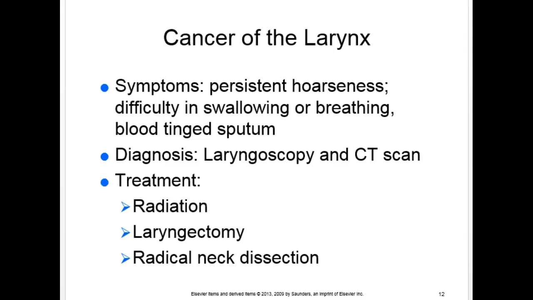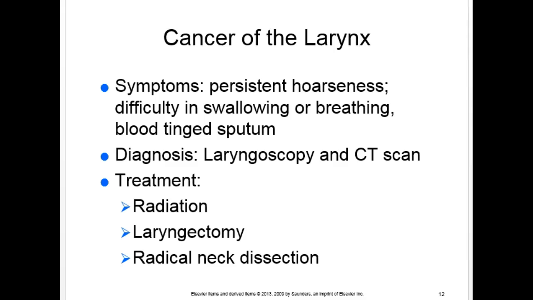If the tumor has extended to the lymph nodes, then a neck dissection is also performed. With the neck dissection, all the muscles, lymph nodes, and soft tissue from the lower edge of the mandible to the clavicle and from the top of the trapezius muscle to the midline are removed.